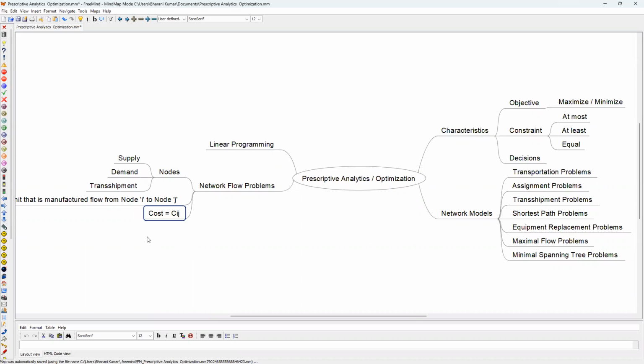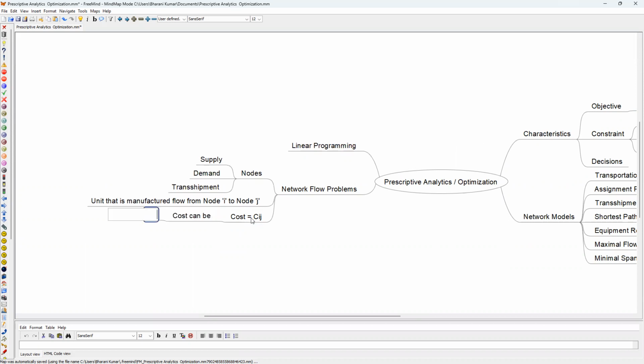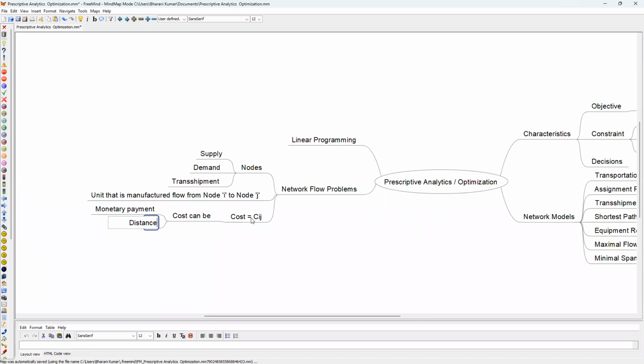Between node I to node J, when a unit flows, it's called cost. And cost can be monetary payment, it can be distance, or it can be some other measure, whatever that measure is.